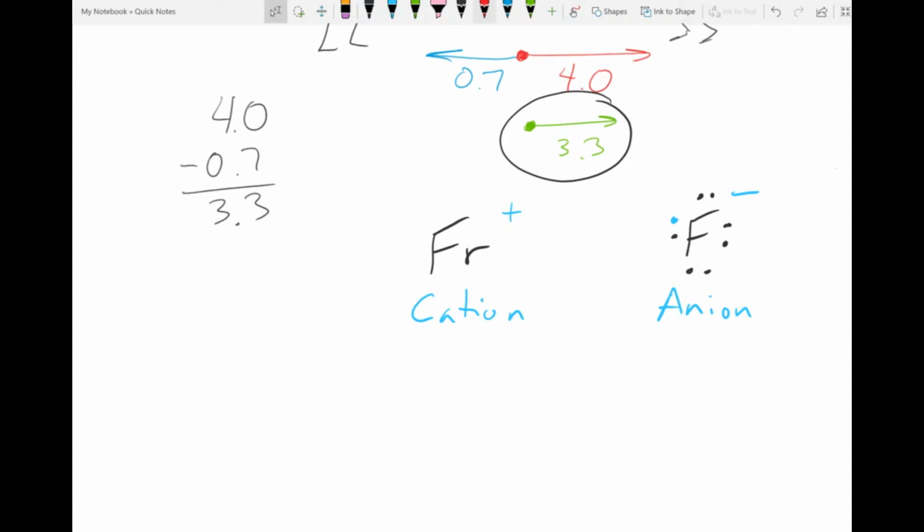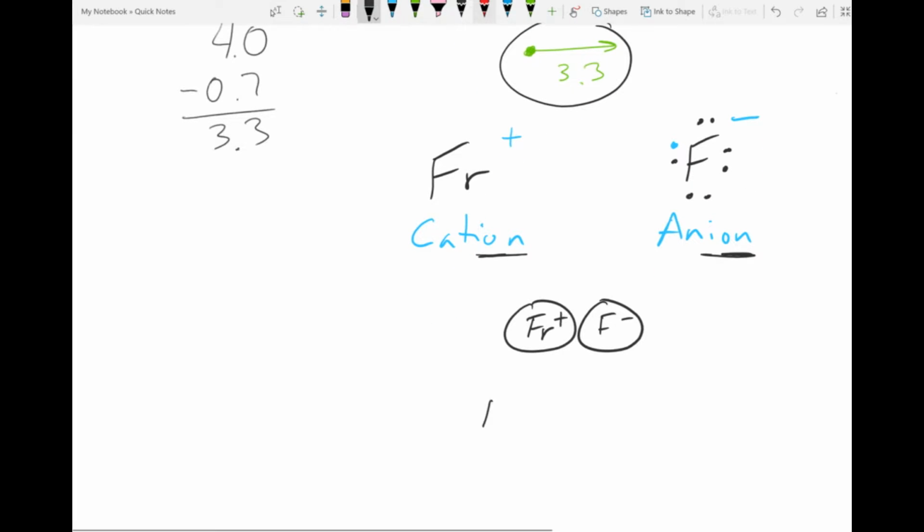And so if you take that to its logical conclusion, the francium now has a positive charge, and it's going to come together with the fluorine that has a negative charge. And just like that, the atoms have come together and they've bonded. Because we made ions, cation and anion, we call this an ionic bond.